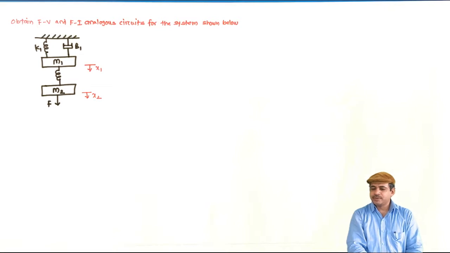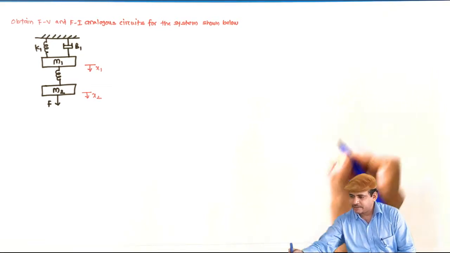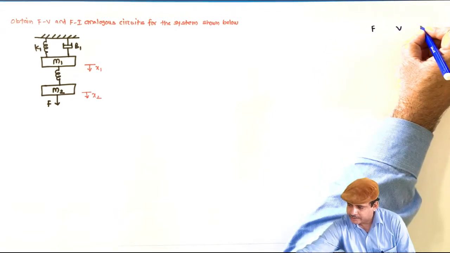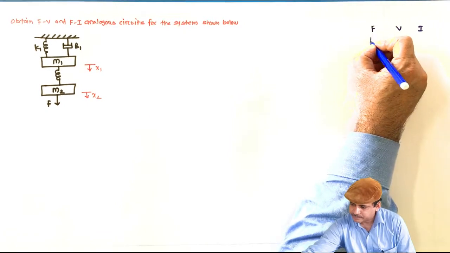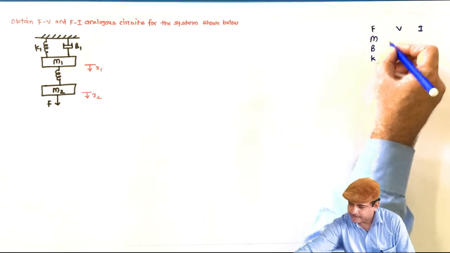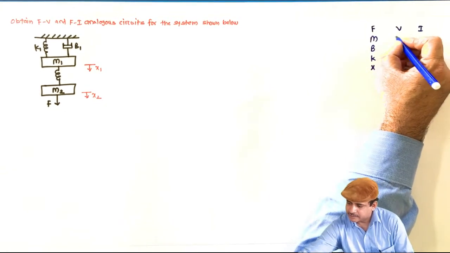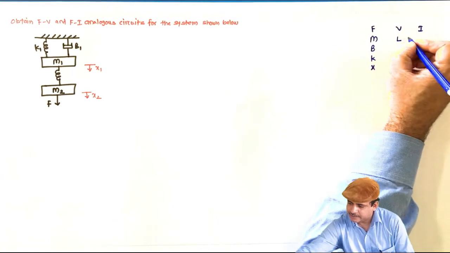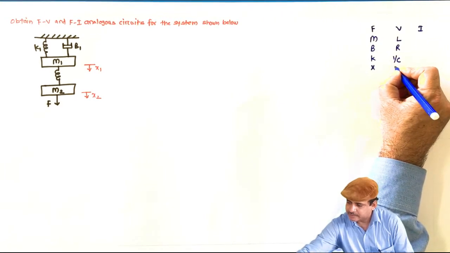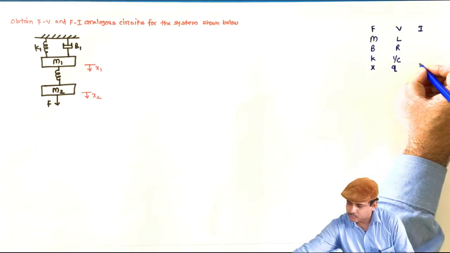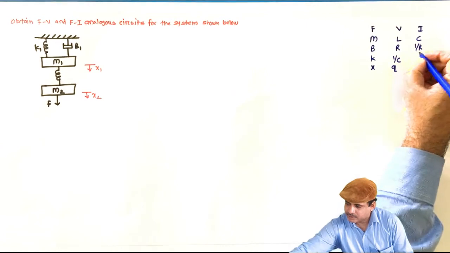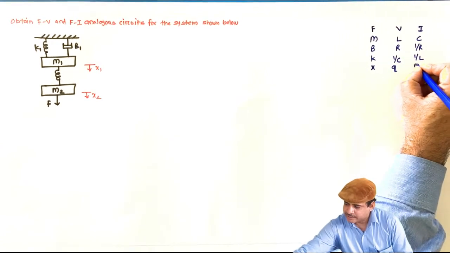For the sake of simplicity, here we will write down the force-voltage and force-current analogy: mass, damper, spring, displacement correspond to L, R, 1 by C, and charge Q; and in the other analogy, capacitance, reciprocal of resistance, reciprocal of inductance, and flux phi.